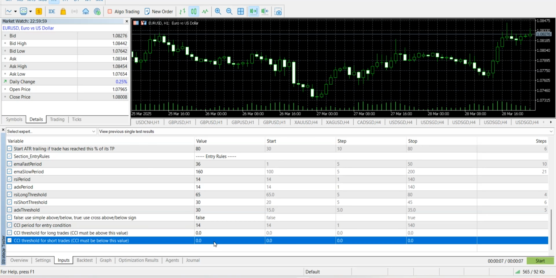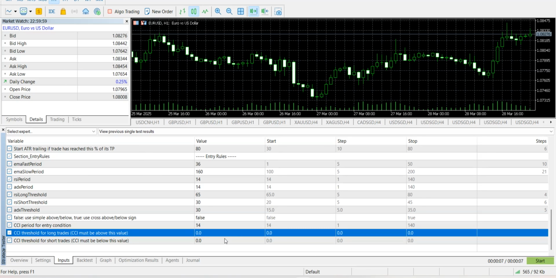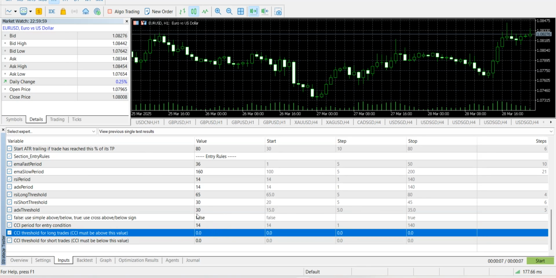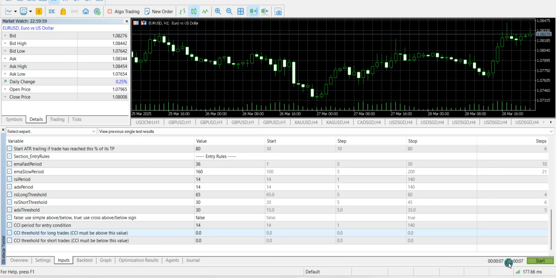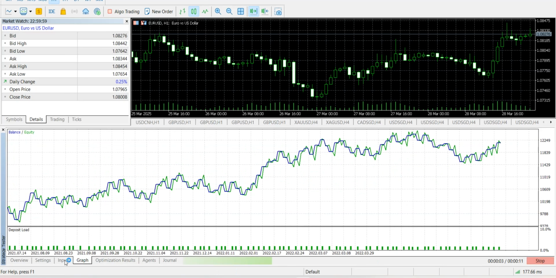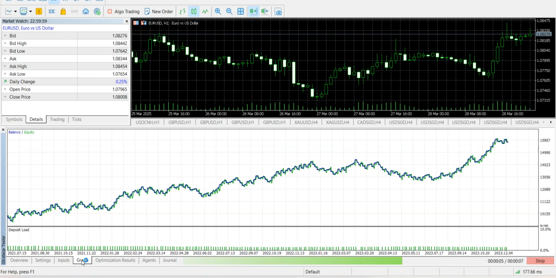Just use the 0 in that case if you are trading trends or something like that. But okay, and we have the cross as well. Let's just run it because now we added the condition for the CCI. How many trades is it going to take, how many more trades is it going to have this way.